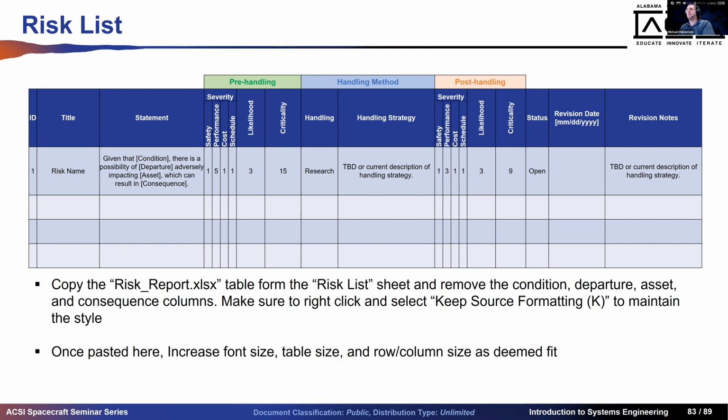Okay, let's do an example. Given that space is radioactive, there is a possibility of proton strikes adversely impacting patch heater power transistors, which can result in loss of heater power. Okay, loss of heater power is the consequence, but the consequence is not the risk itself.